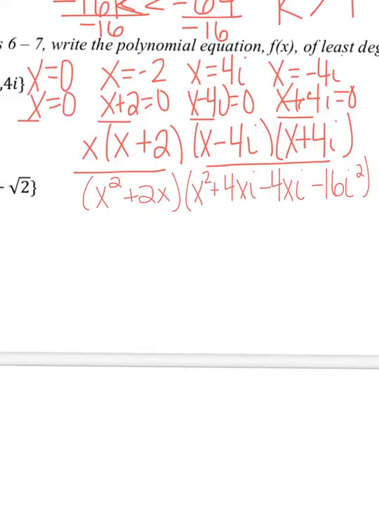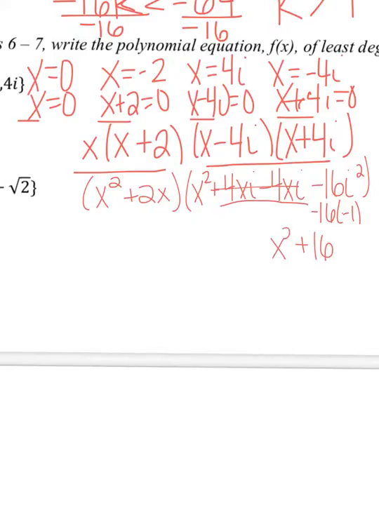So remember, whenever you multiply the conjugates, the imaginary number is going to go away. The reason is because your middle term, 4xi minus 4xi, these are going to cancel out to be 0. And then negative 16i squared, I squared is negative 1. So negative 16 times negative 1 actually gives me a positive 16 over here.